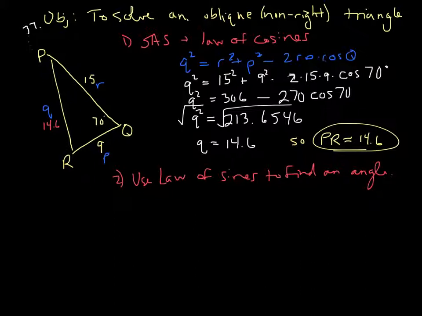So using my law of sines formula, I'm not going to write it out with letters. I'm going to go ahead and plug in. I know that I'm going to use this combination of the side q and the angle q because I need one pair of opposing pieces of information. So I'm going to use sine 70 over 14.6 is equal to sine of p over 15.